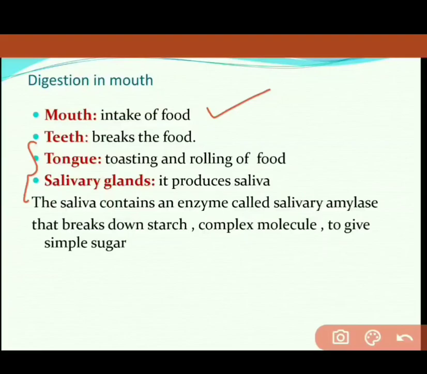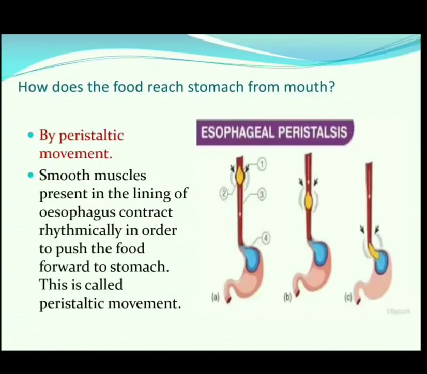And our mouth contains salivary glands. They produce saliva, and this contains an enzyme called salivary amylase. It breaks down starch, complex molecules, to give simple sugar. So salivary amylase breaks down the carbohydrate which we eat into simple sugar, and then food reaches the stomach.